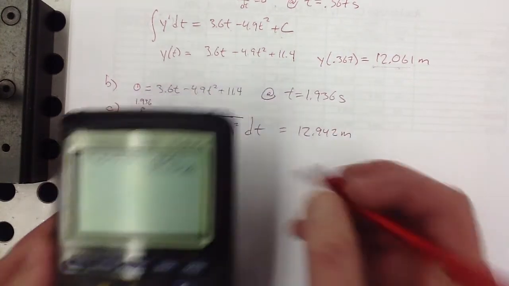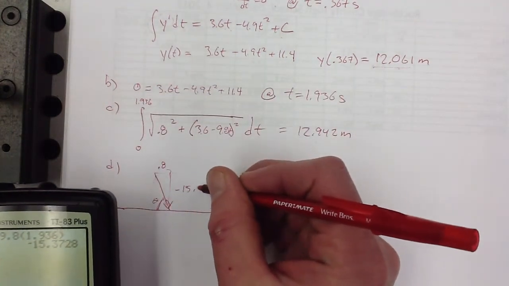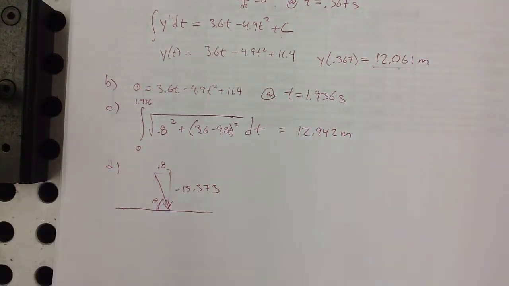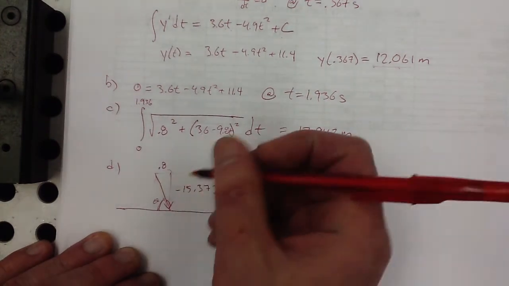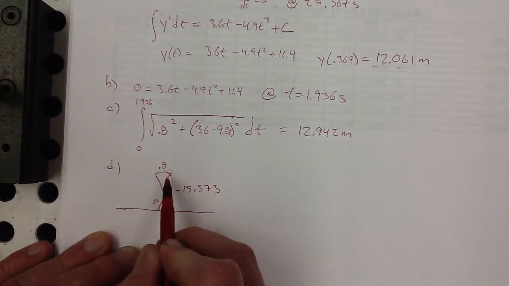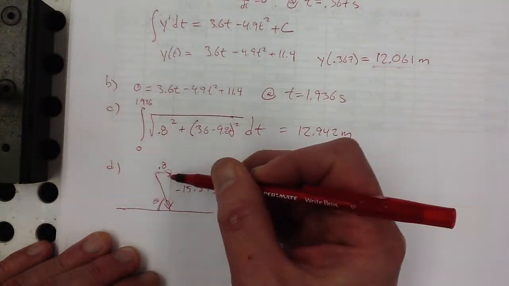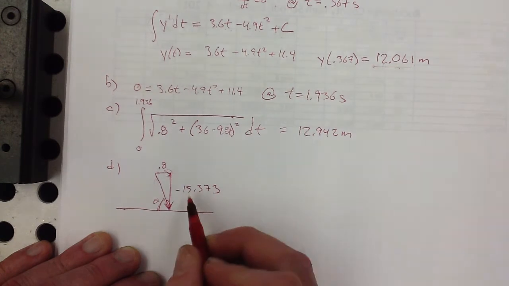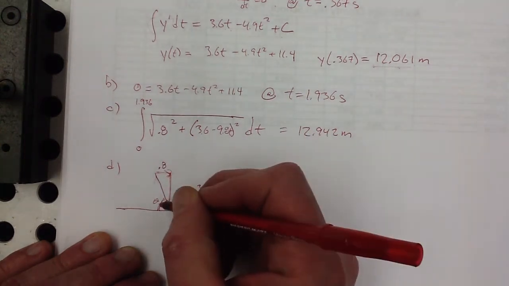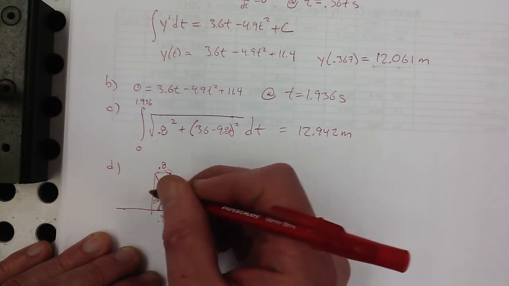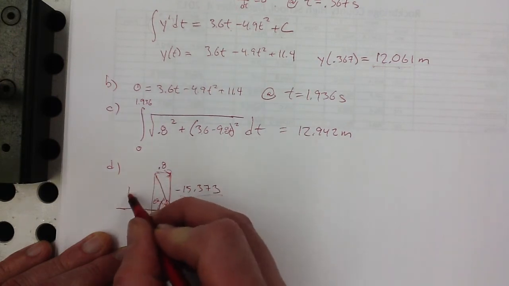That's negative 15.373. That's her downward speed. Her horizontal speed is always the same, that's the 0.8 that they gave us, and we know the time now when she hits the water.